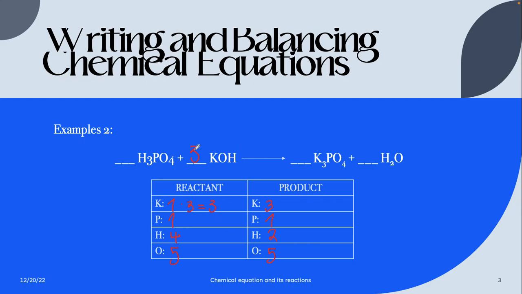So now, instead of having only 5 oxygens, we're going to have 4, 5, 6, 7. So remove the 5 and we're going to place 7. And instead of having 4 hydrogens, we're going to have 3, 4, 5, 6. So now we have 6 hydrogens.